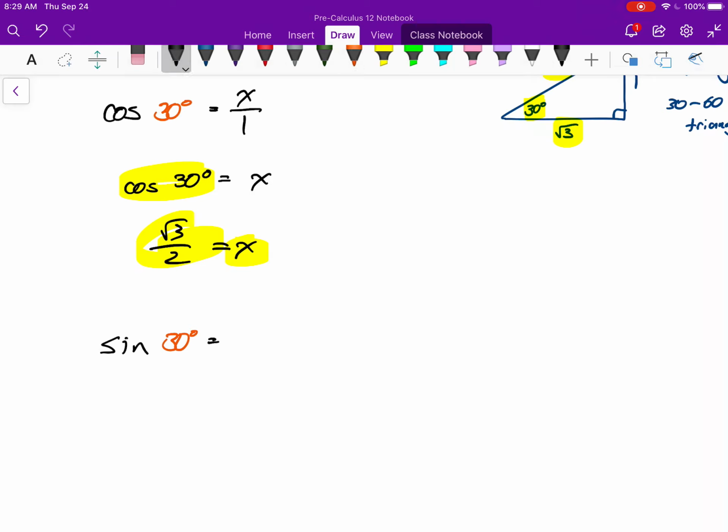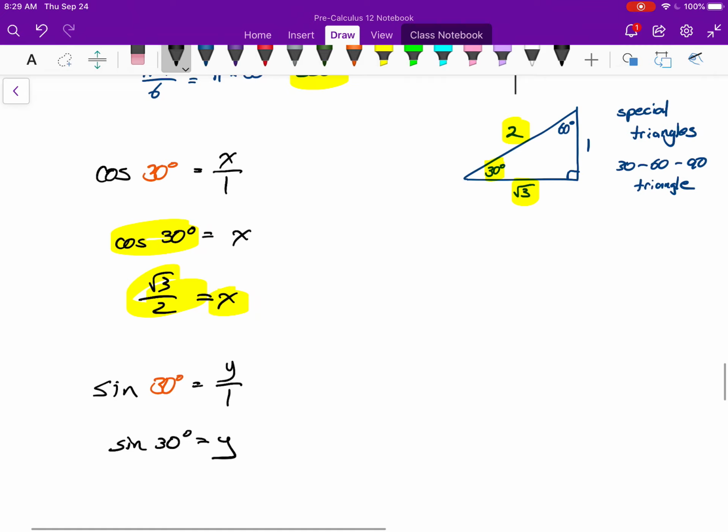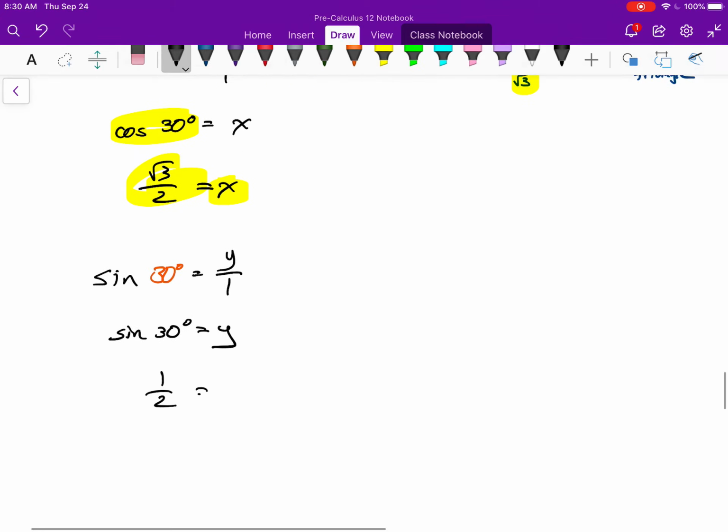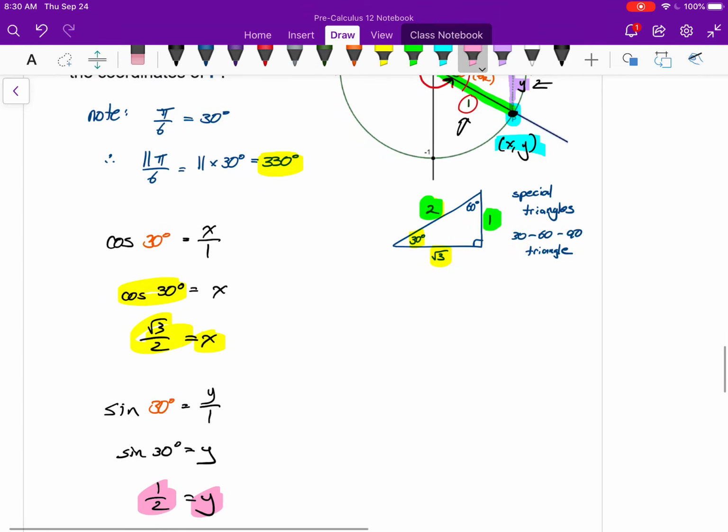So the sine of 30 is going to be y over that 1, or just the sine of 30 equals y. And looking at my special triangle, from 30 degrees, sine is opposite over hypotenuse. And so from 30 degrees, sine is 1/2. And so lastly, I found the distances of this triangle, but don't forget I want coordinates.